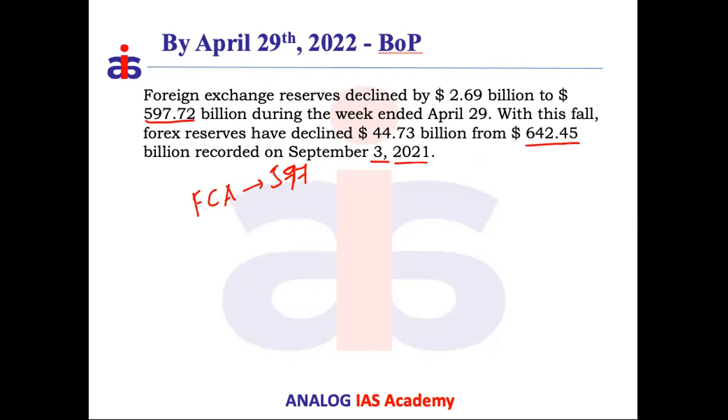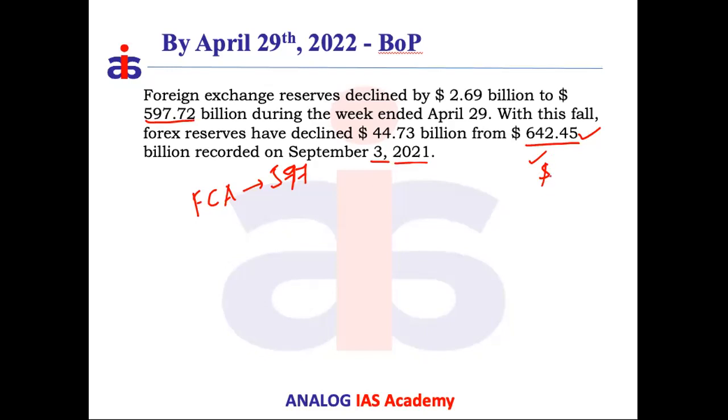So that means the Government of India's foreign currency account that lies with the RBI had forex reserves of $642.45 billion. And are we maintaining all this money in the form of dollars? No. This basket is quite diversified.